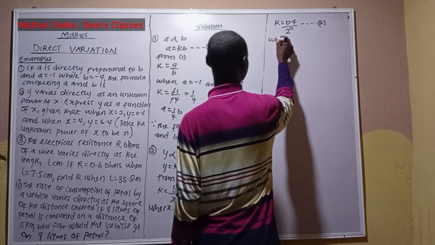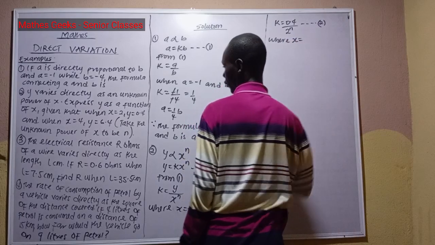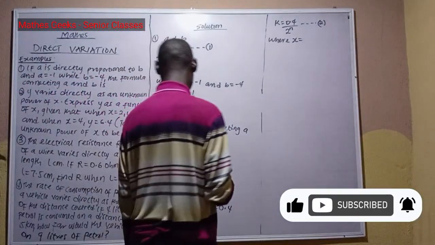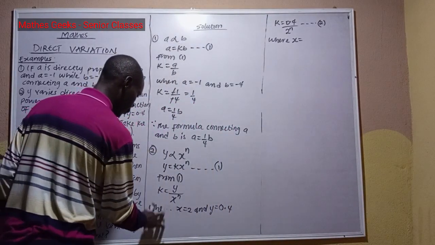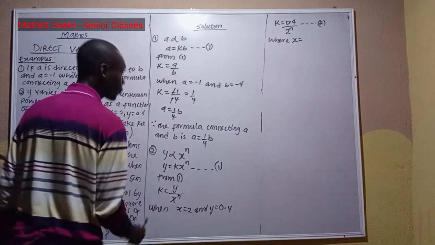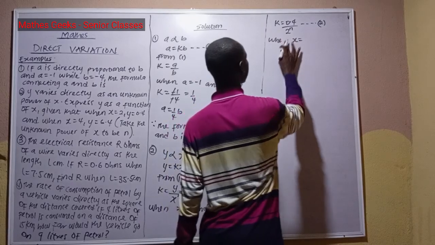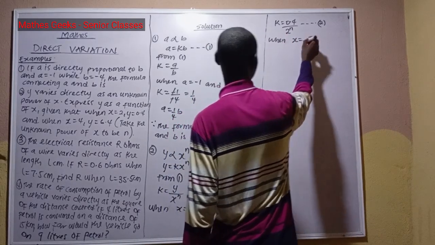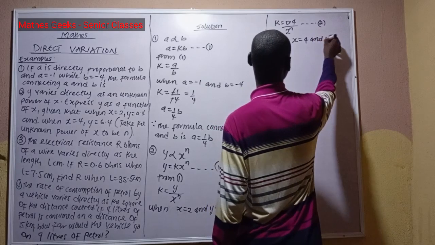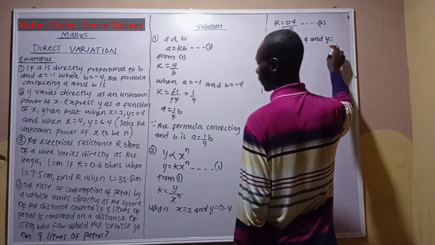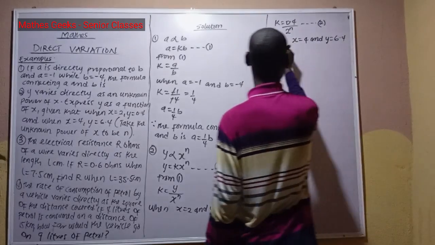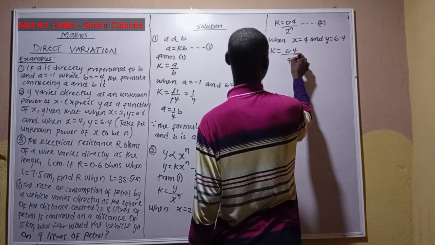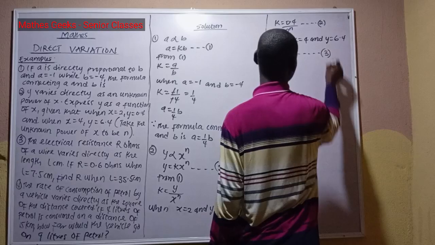Then when x is equal to 4 and y is equal to 6.4, k is equal to 6.4 over 4 raised to n, equation 3.